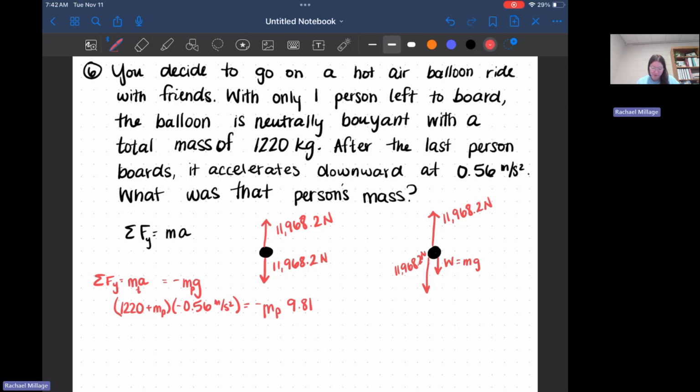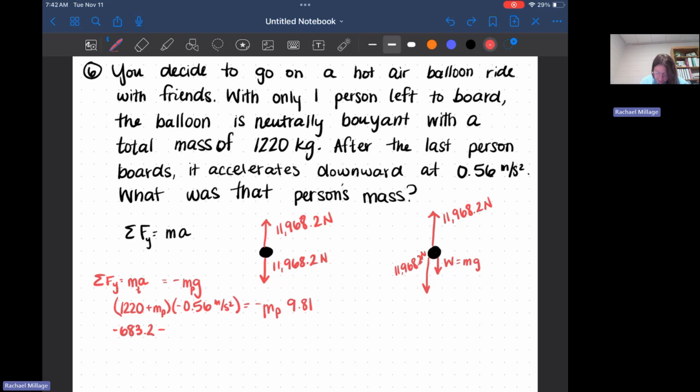So now we have to sort this out and get the mass of the person all on one side of the equation. First of all, I'm going to distribute this negative 0.56. So I have negative 683.2, plus a negative, right?